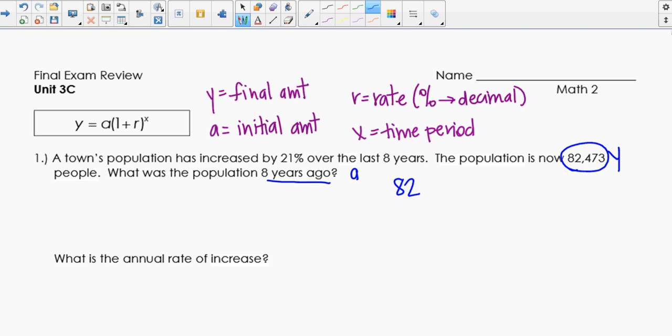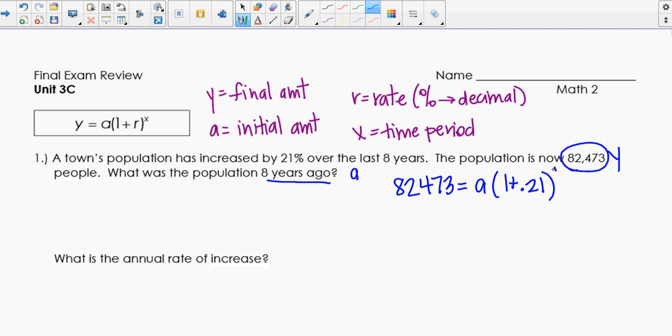So 82,473. We're looking for the A value, and then we have 1 plus 0.21 because we're going to write that percent as a decimal. Now, you guys, we don't put 8 here because then what you're saying is that it increased 21% each year for 8 years, which wasn't the case. What you're saying is it increased 21% over a time period of 8 years.